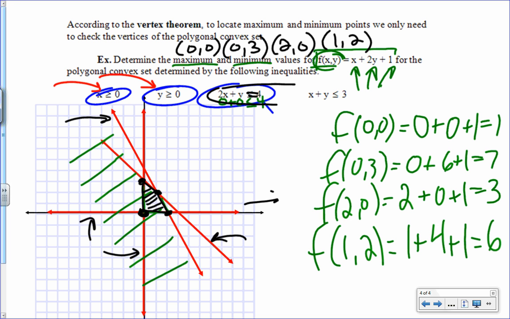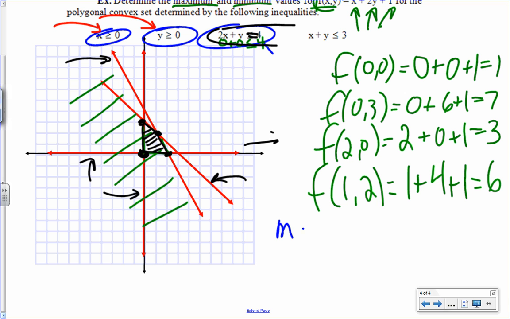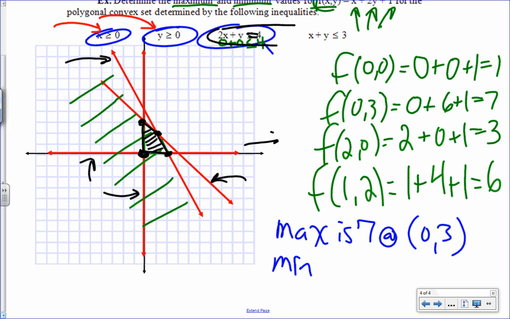If we were to find the combination that maximizes and minimizes, here's how I would strongly recommend that you write it, something like the max, well, it's what? Max is 7 at, ooh, that's a good one, at 0, 3. And the min is 1 at 0, 0.